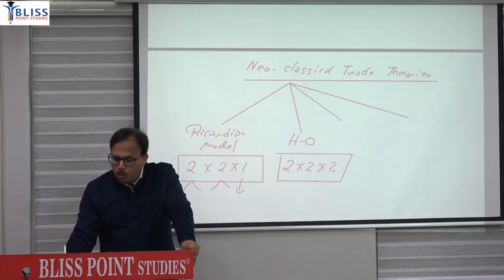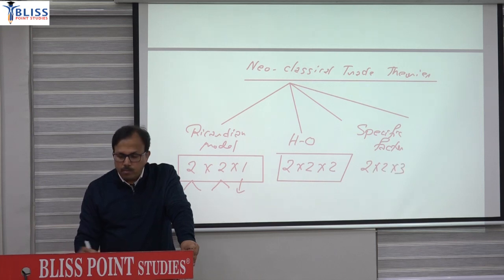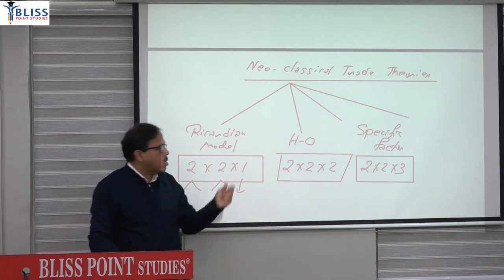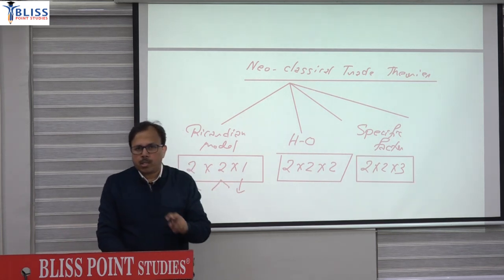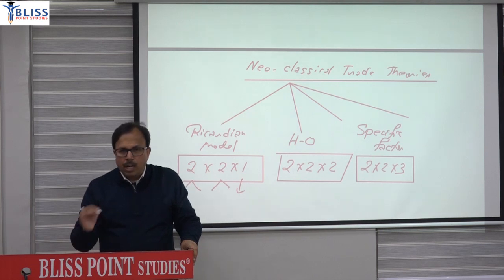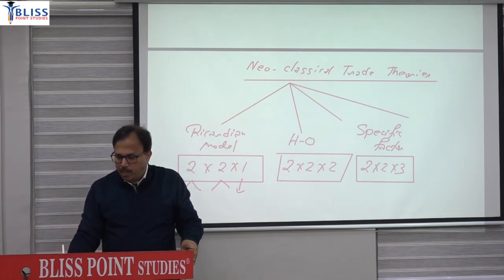Then you move to a specific factor model. This will be a 2 by 2 by 3 model. 2 by 2 by 3. So trade again between two countries producing two products by using three factors of production: labor, land and capital. Now what is the meaning of specific here?